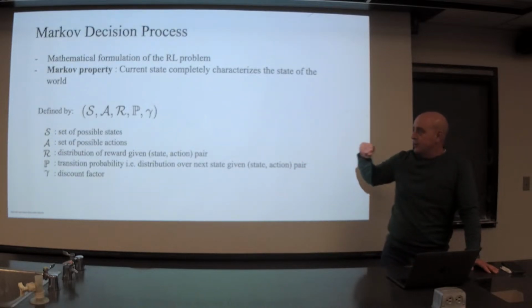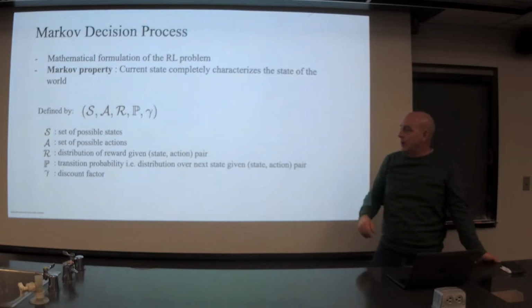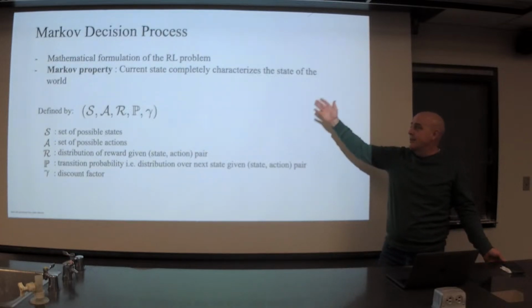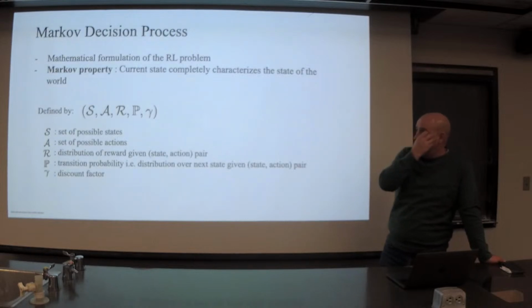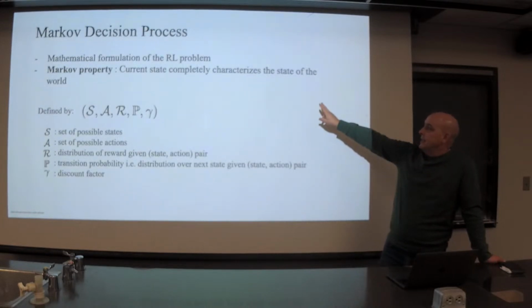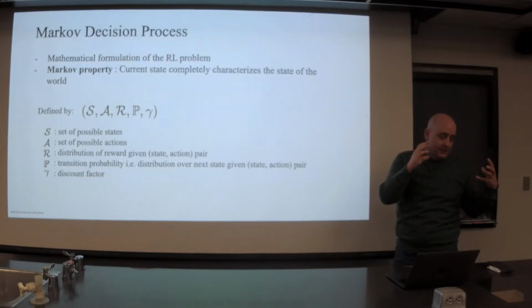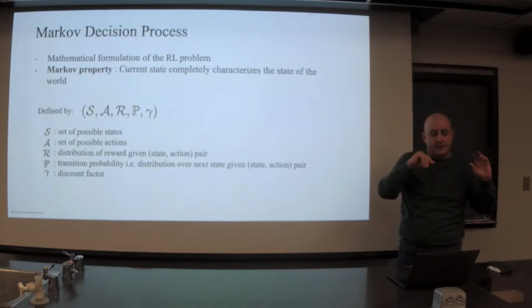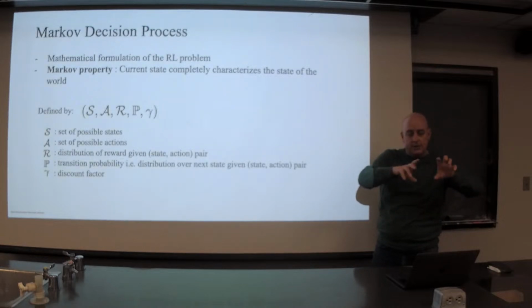But we have this additional thing, and then this whole thing is called a Markov decision process. And Markov, in math and related theoretical subjects, when you say something has the Markov property, it's an important property, at least mathematically, because it allows us to decouple ourselves from the past. Basically, the Markov property is that the current state we're in at time t completely characterizes the state of the world.